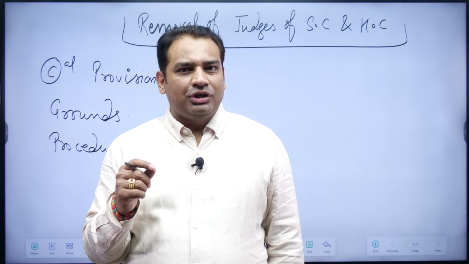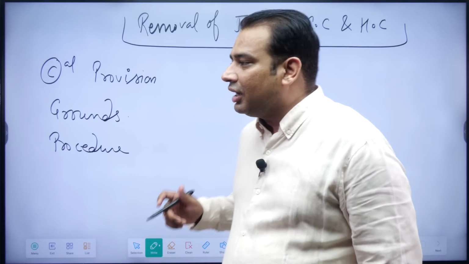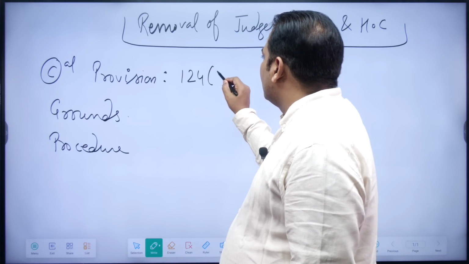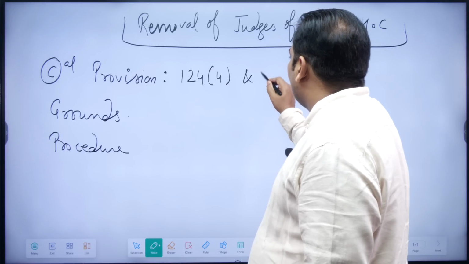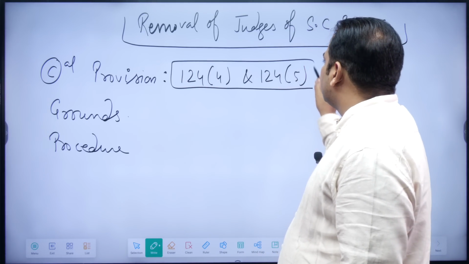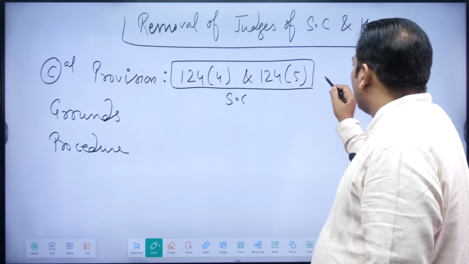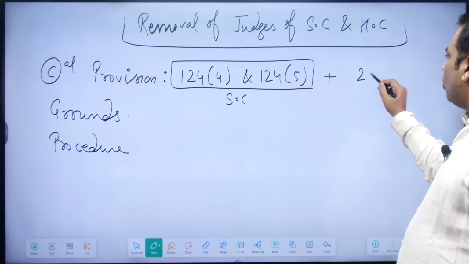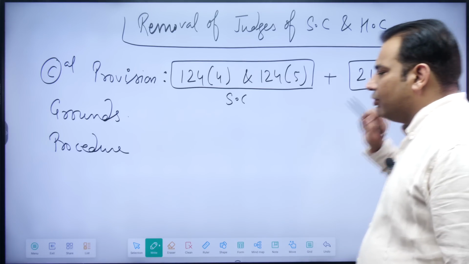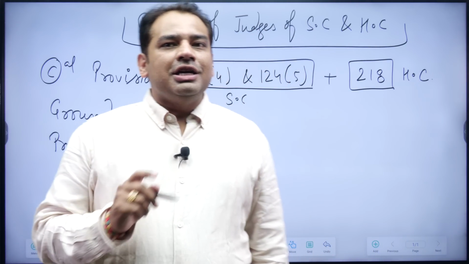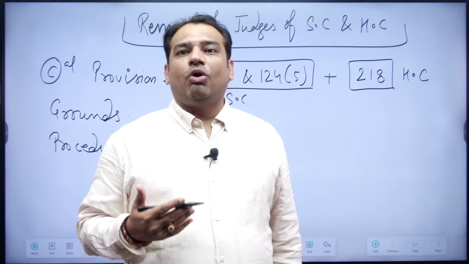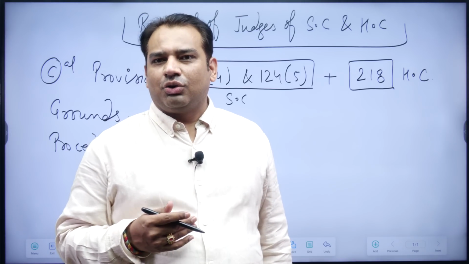same. And for simplicity, we can remember and relate here Article 124 Clause 4 and 124 Clause 5, which are with respect to the Supreme Court, plus Article 218 with respect to the High Court, and it states that the provisions for the Supreme Court will also be extended to the High Court.